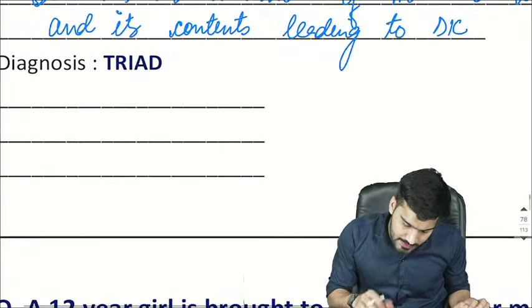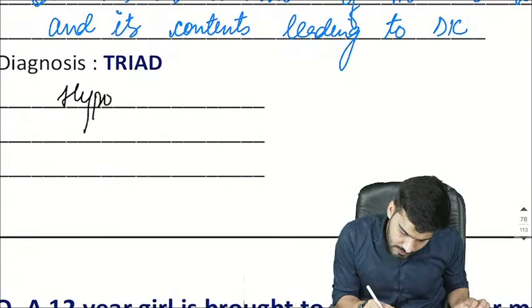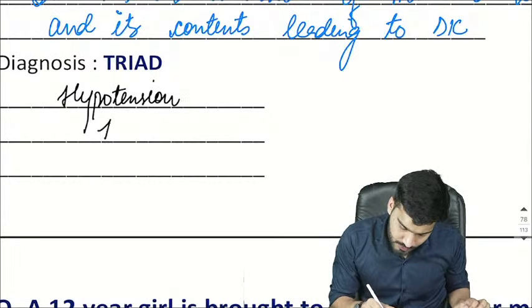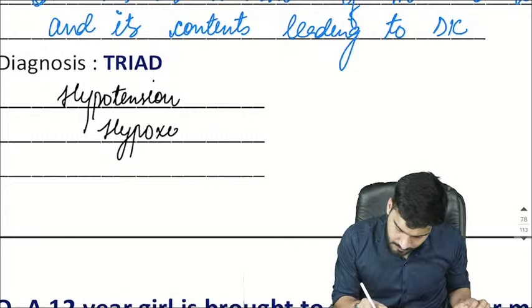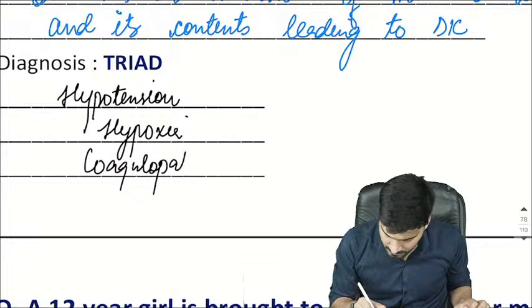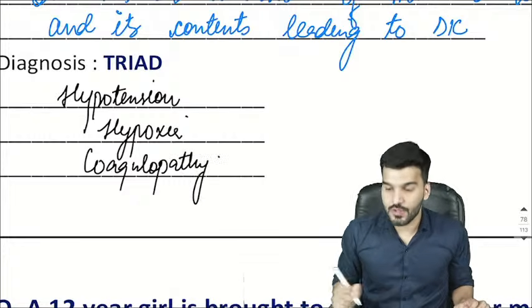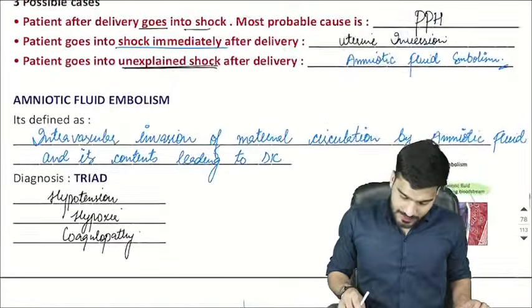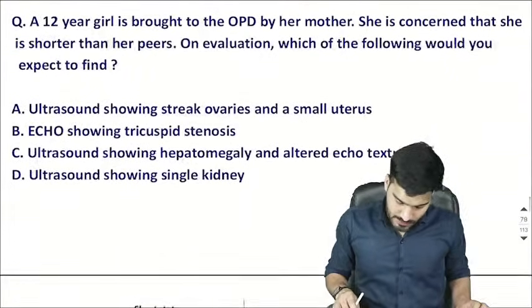And what is the classical triad we have, which was mentioned earlier? So hypotension, hypoxia, and coagulopathy. Hypotension, hypoxia, and coagulopathy. Clear? So that is all about amniotic fluid embolism.